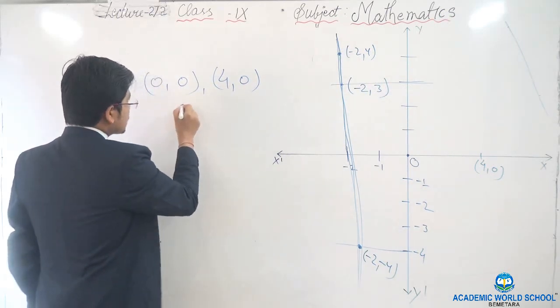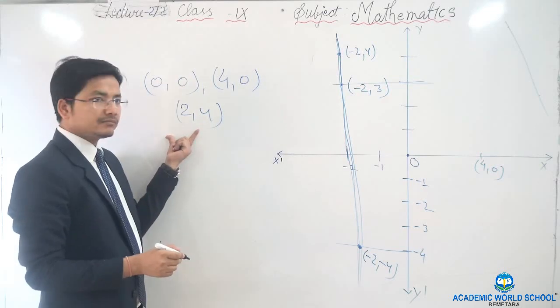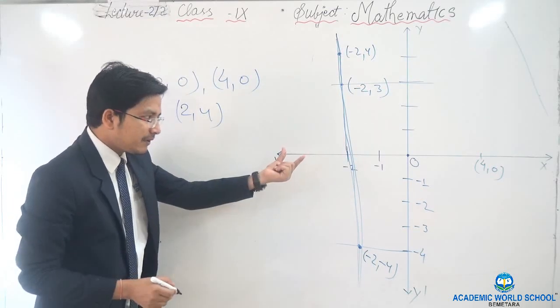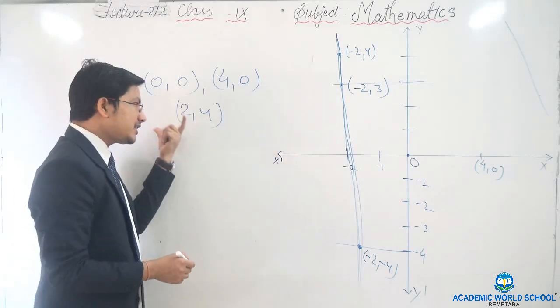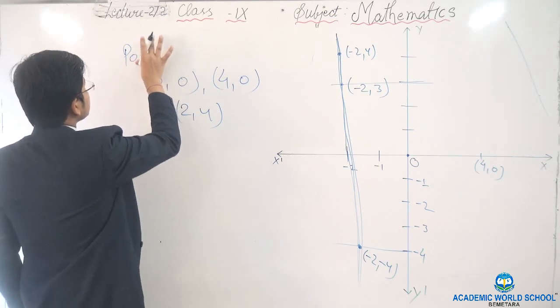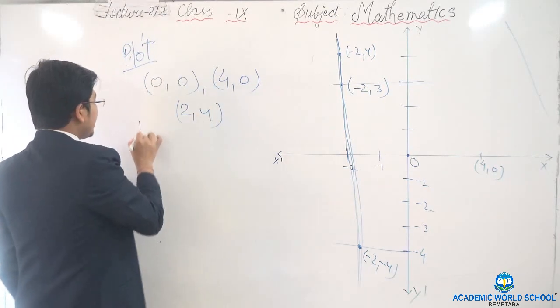Now the next point is 2, 4. So plot these points on the graph and join them.